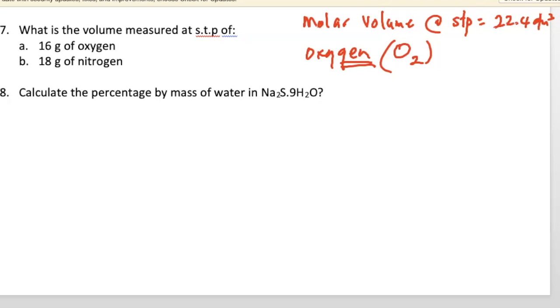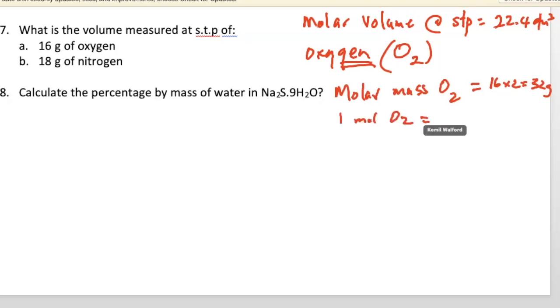The molar mass of the molecule oxygen, O2, would be equal to 16 times 2, which is equal to 32 grams. So this is the molar mass. So the molar mass has 1 mole. It means that 1 mole of O2 is equal to 32 grams.